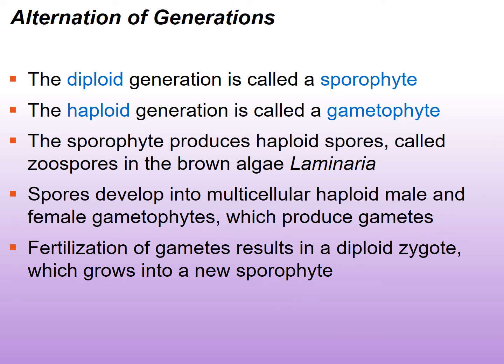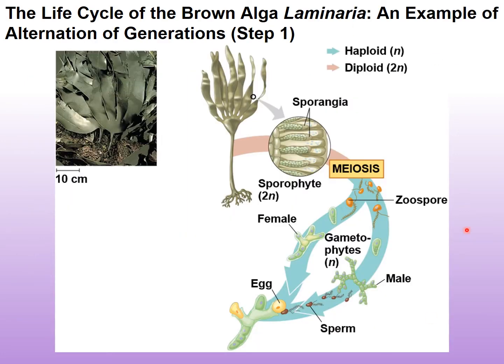Look at this structure right here. We kind of saw that earlier. We have the sporophytes and we have the gametophytes. And the sporophyte is going to produce the spores. The sporocytes are diploid, and they're going to undergo meiosis to produce the spores. And then the spores will be released. And the spores are called zoospores.